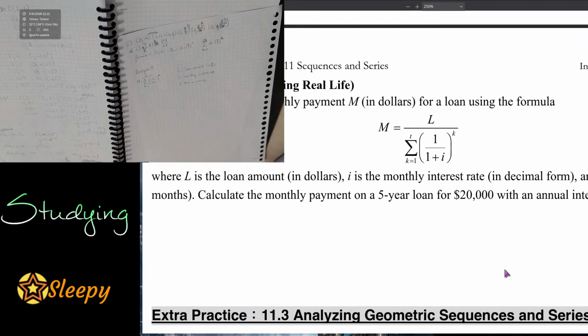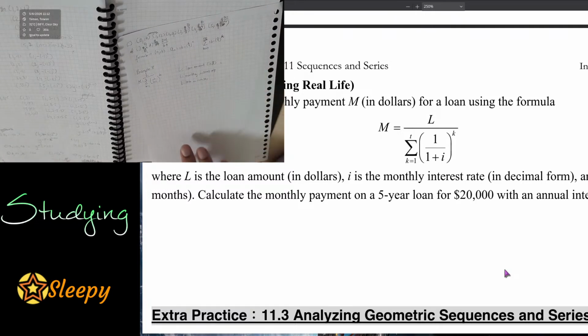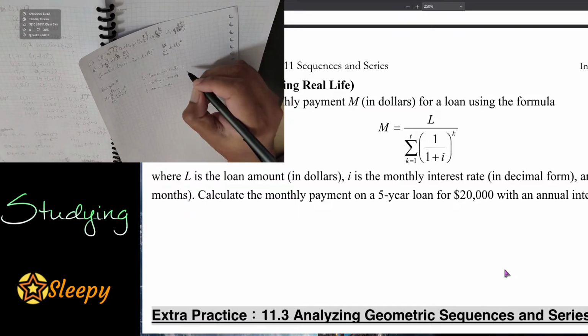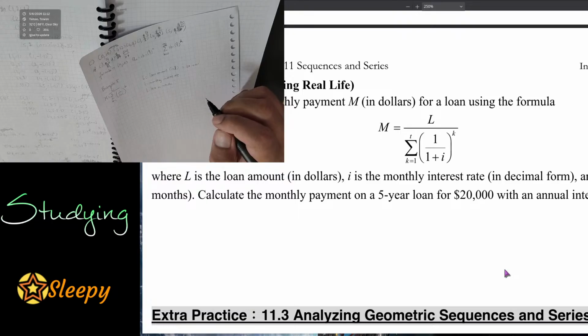So okay, L, big L, is 20,000 bucks. i is the monthly interest rate. The annual interest rate is 6%. How does this work?